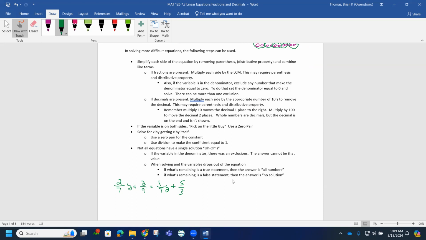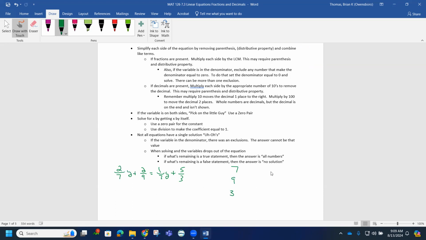So if we look at the denominators, what I'm seeing, there's a 7, there's a 9, and there's a 3. If I can find a common denominator between a 7, a 9, and a 3, that's going to help us manipulate this problem.